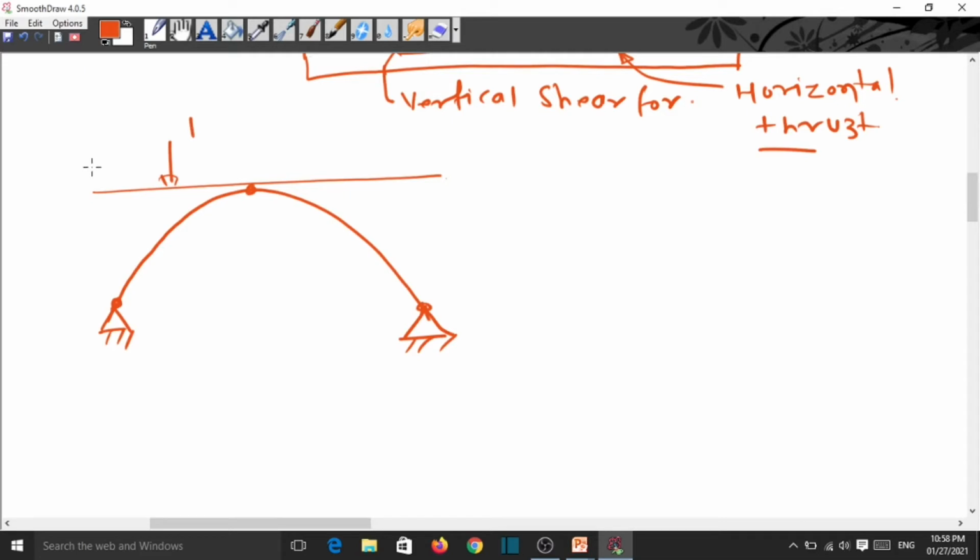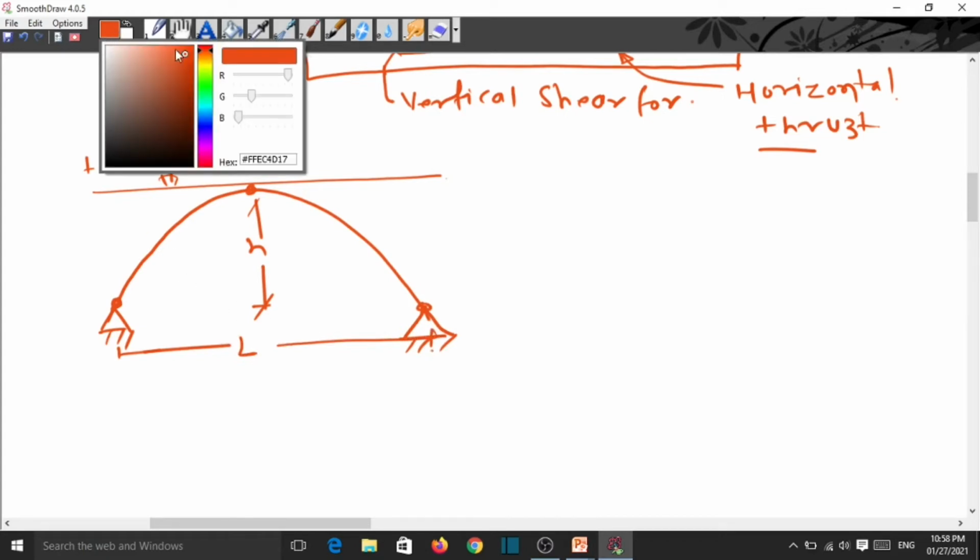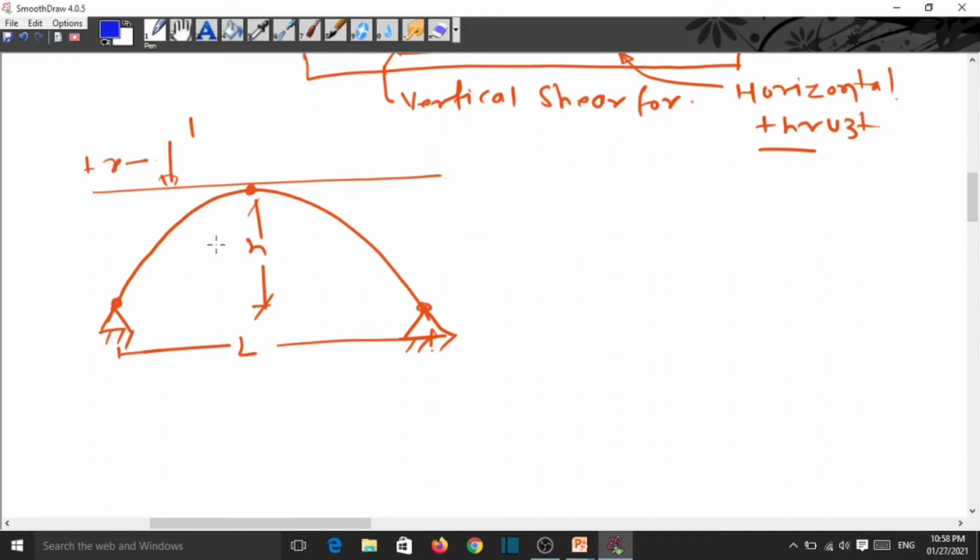This is 1 and this is X, this height is H and this length is L. Now for the sake of convenience, this is considered as a simply supported beam. This is VA, and here also VA. This is VB, and here VB.